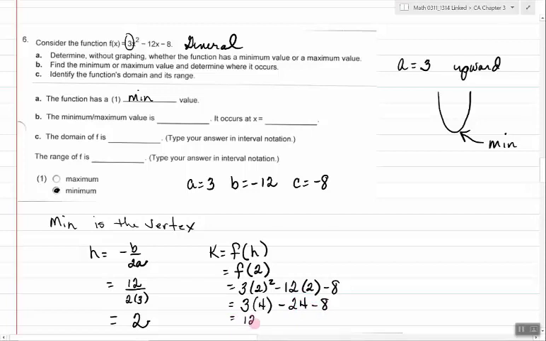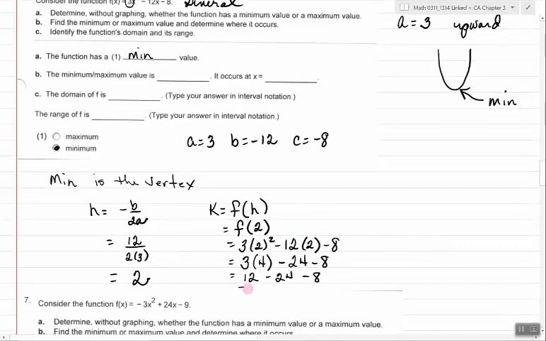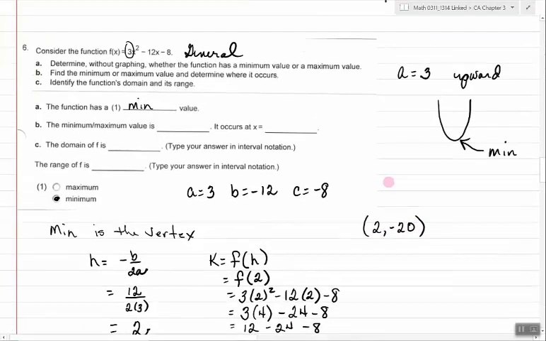So that's 12 minus 24 minus 8, which is -20. I did all of that by formula. I have found that the vertex is (2, -20). Let me show you again by typing this function in the y equals of your grapher, that you can get that minimum quite easily.